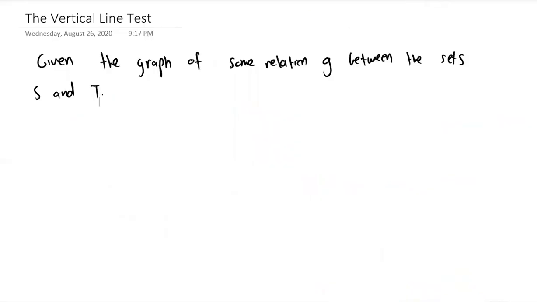So the vertical line test. Given the graph of some relation G between the sets S and T, to determine if the graph of G represents a function, or if G represents a function, what do you do?